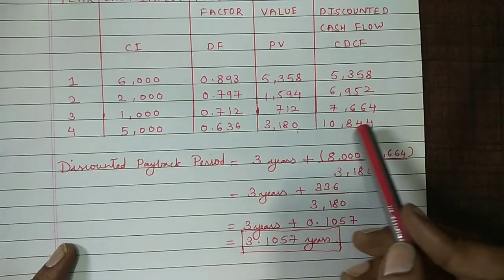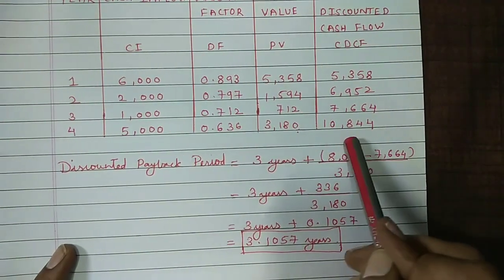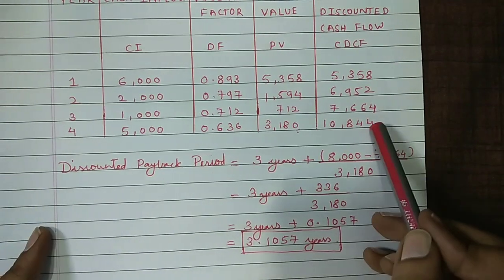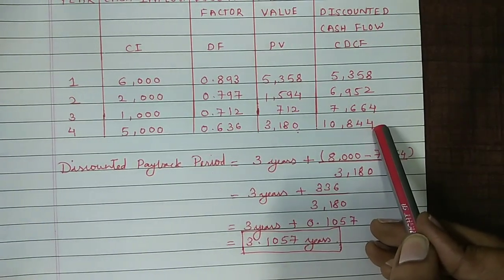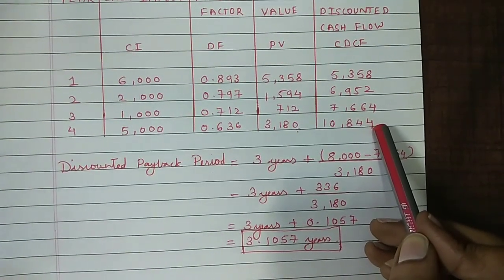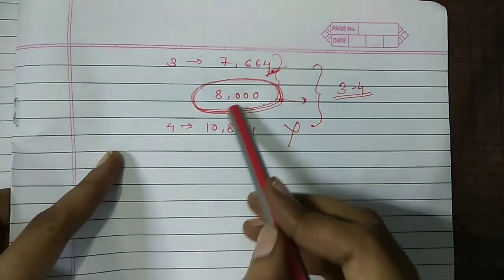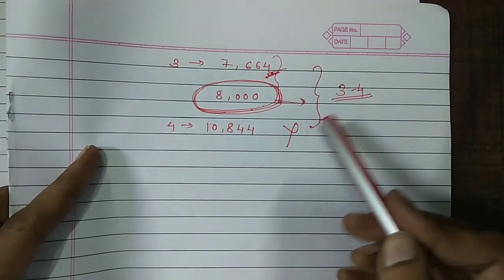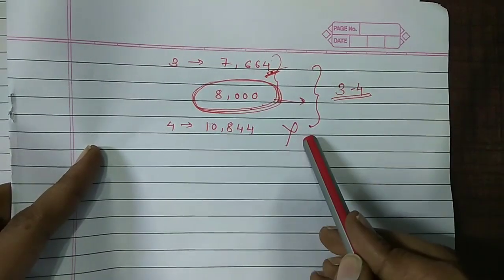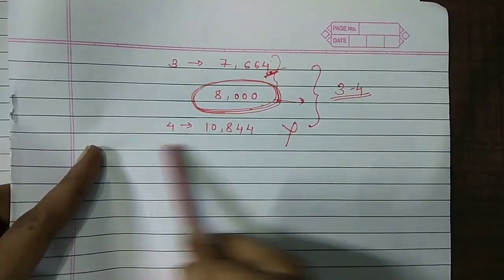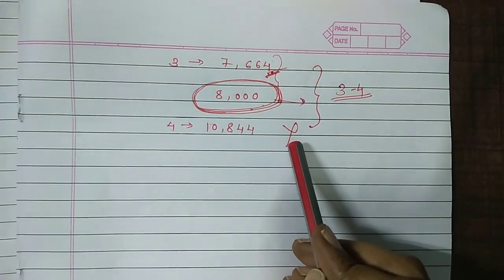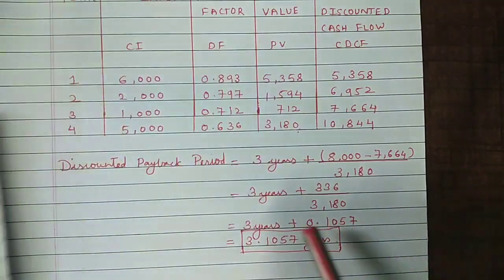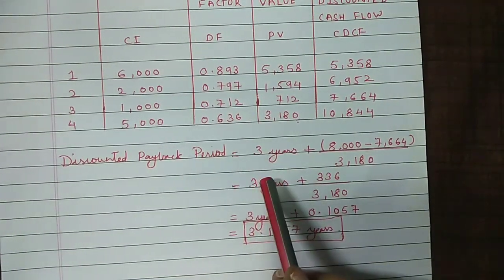We wanted to recover the amount of rupees 8,000. In the third year the amount was less than 8,000 rupees. Here it was higher. So we wanted to recover the 8,000 rupees only, so definitely the time duration is in between 3 to 4 years. It's not completely 4 years, because at the end of the fourth year we are recovering a higher amount. So we have written 3 complete years.